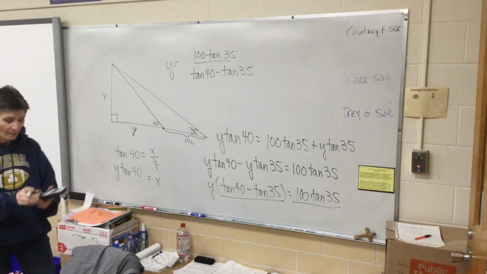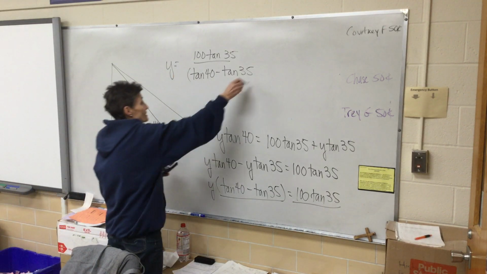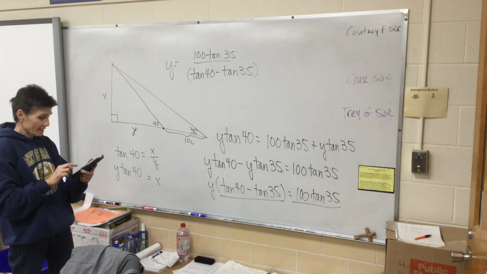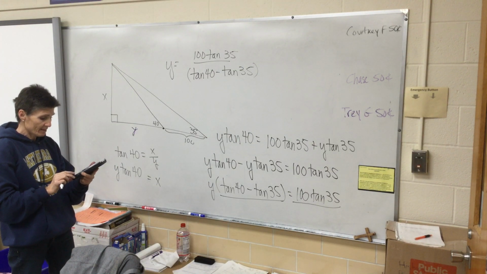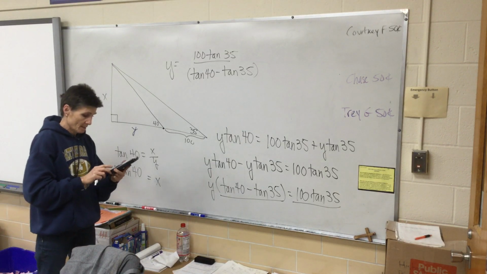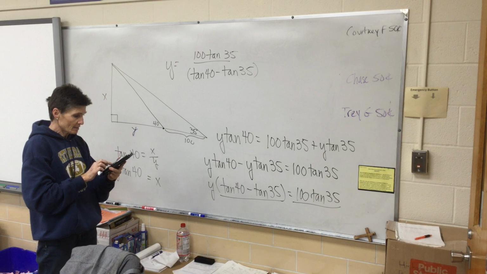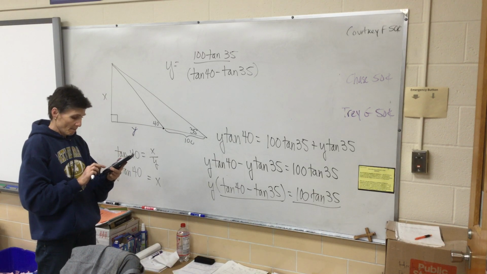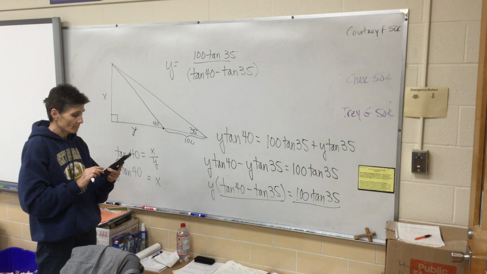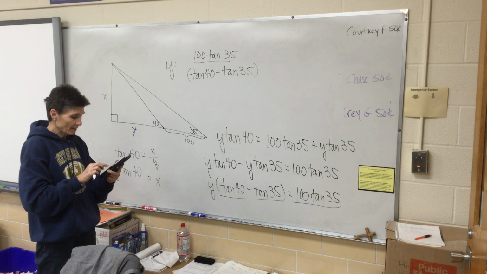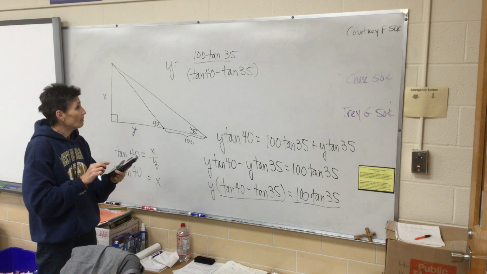Now I can type that in on my calculator. Make sure this is in parentheses. So 100 tan 35 equals, divided by parentheses, tan 40 minus tan 35. Oh, shoot. You got to be careful, guys.